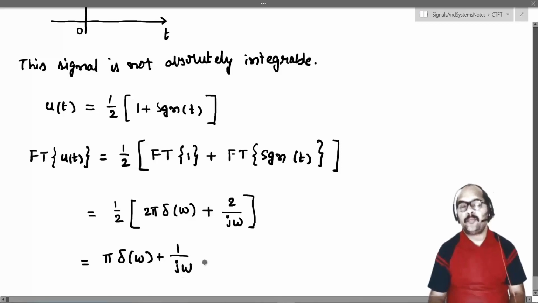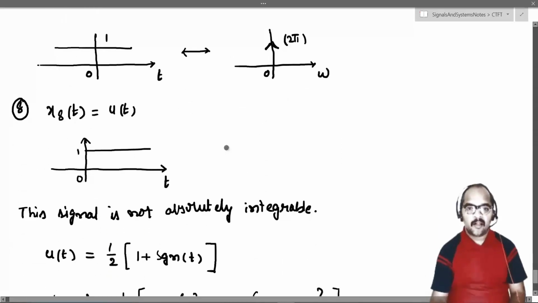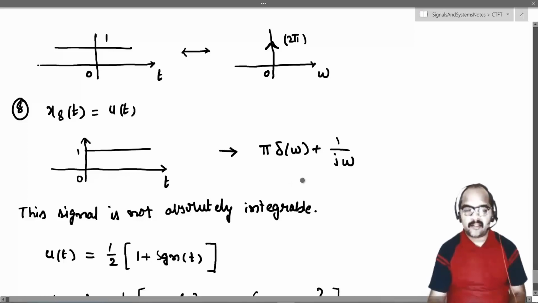That is the Fourier transform of the signal u of t. So u of t has pi times delta of omega plus 1 by j omega as its Fourier transform. Because it's a complex signal, it's not easy to plot.